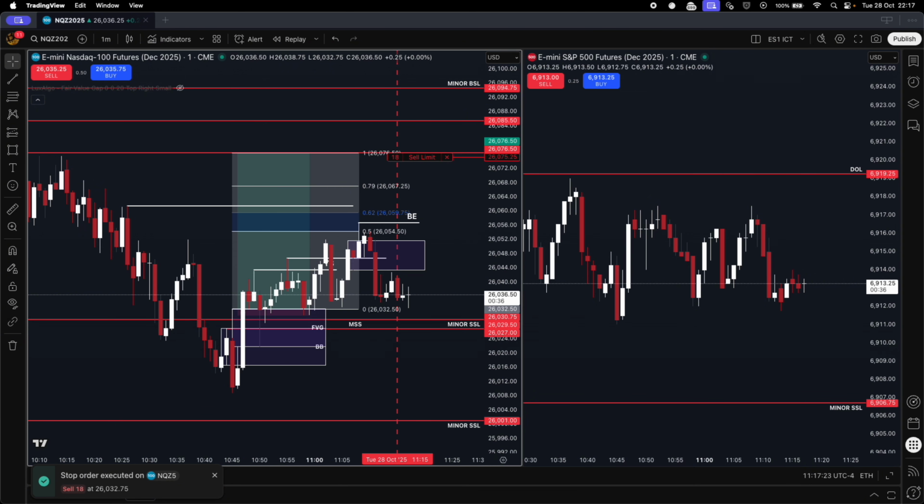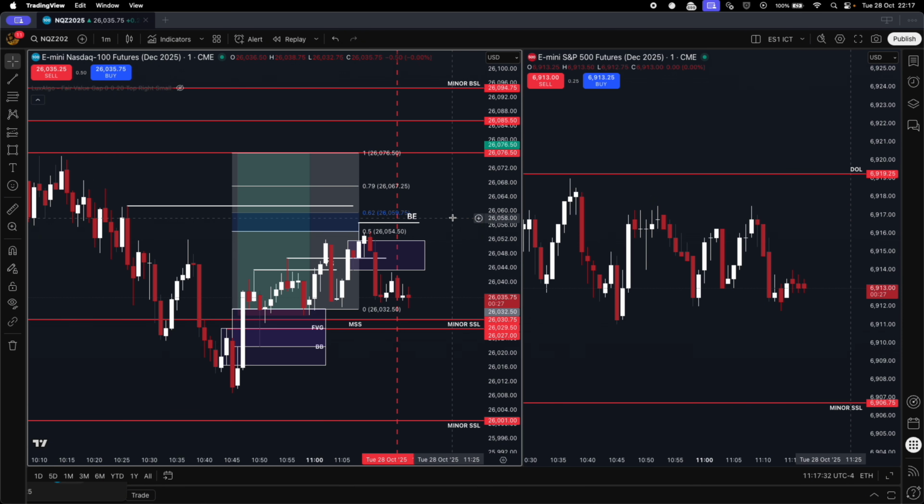So we are out of that position, which you can see there. Just below break even on that trade. Let me work this out.